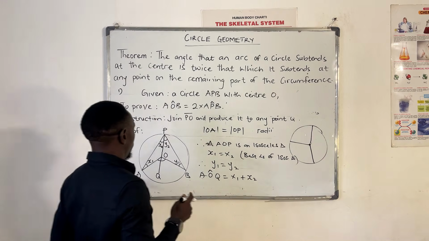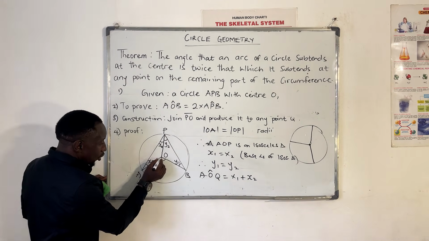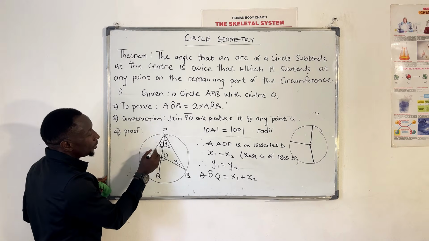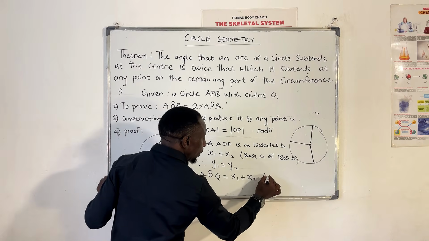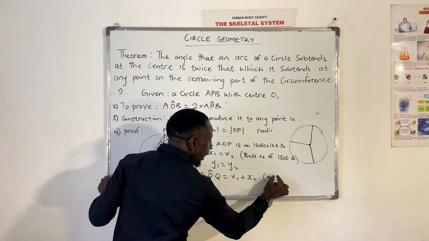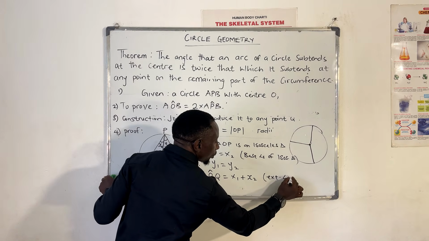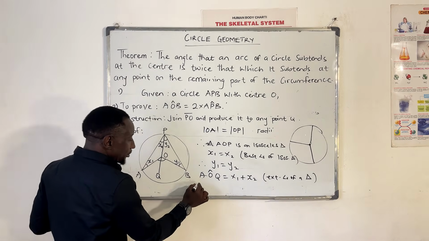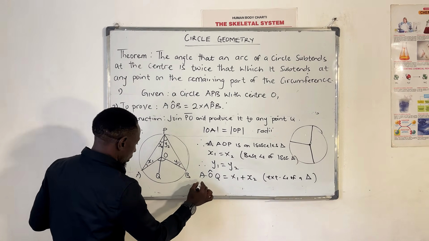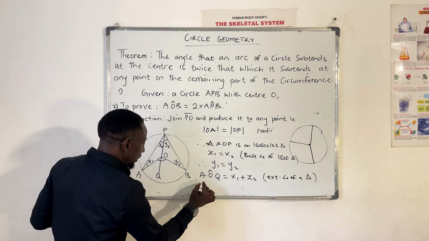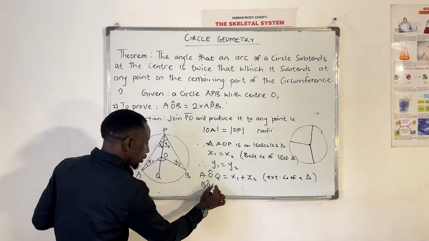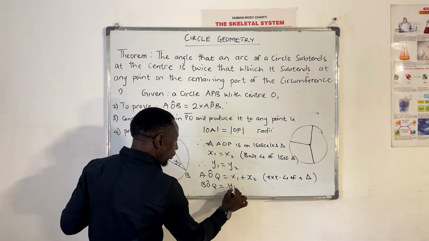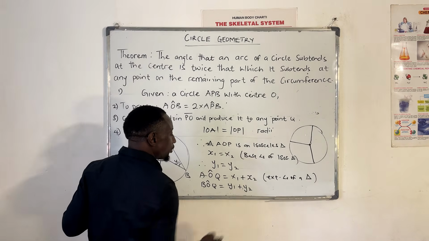Here, it means AOQ is equal to x1 plus x2. Reason: exterior angle of a triangle. The same thing with BOQ. BOQ is also equal to y1 plus y2, same reason.